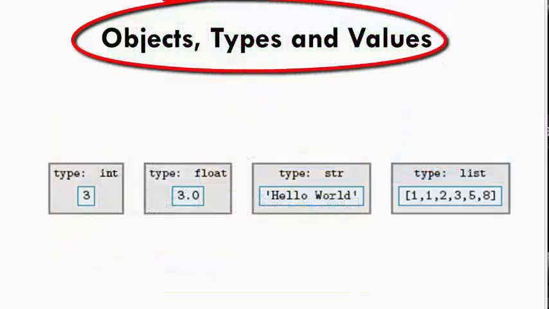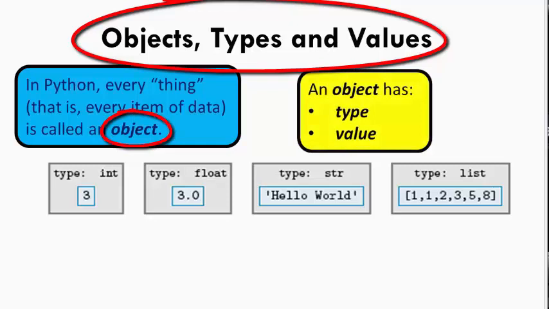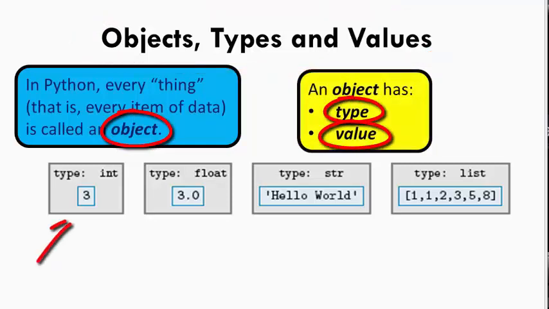In a pure object-oriented language like Python, everything, that is, every item of data, is called an object. Every object has a type and a value. For example, the leftmost box shows the whole number 3, that is, an object whose type is int and whose value is 3. The second box shows the number 3 again, but this time represented as a floating point number.